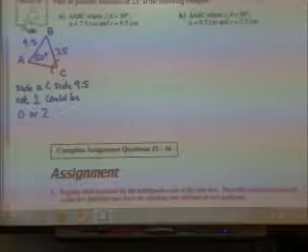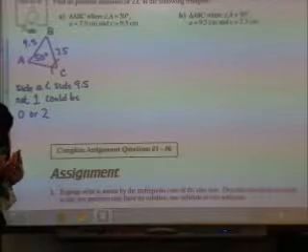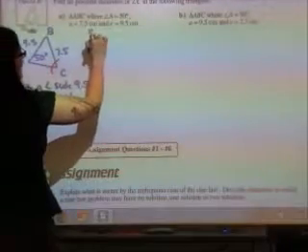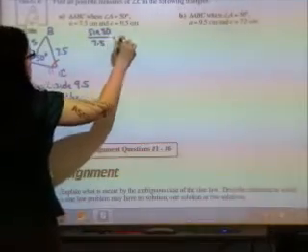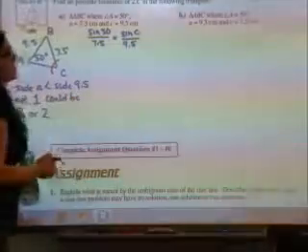So now I need to use the sine law to find that reference angle, or find out if there is a reference angle. So we have sine 50 is to 7.5 as sine C is to 9.5.